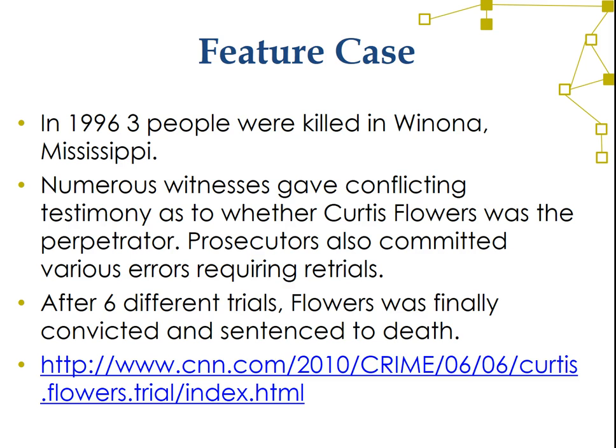And 2 jailhouse informants testified that Flowers admitted to the shootings, and both of these witnesses later admitted lying. They admitted to lying under promise of monetary reward from law enforcement. And Flowers was convicted in both cases, but the verdicts were reversed by the Mississippi Supreme Court due to the prosecution's use of an excessive number of crime scene photos and testimony regarding those 2 victims. And Flowers had not been charged with the killing.